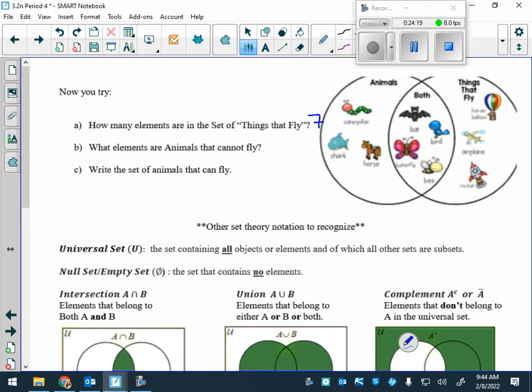Okay? Now, what elements are animals that cannot fly? Go ahead, Campbell. Perfect. Caterpillar, shark, and horse. Good. Okay. Write the set of animals that can fly. Go ahead, Kim.